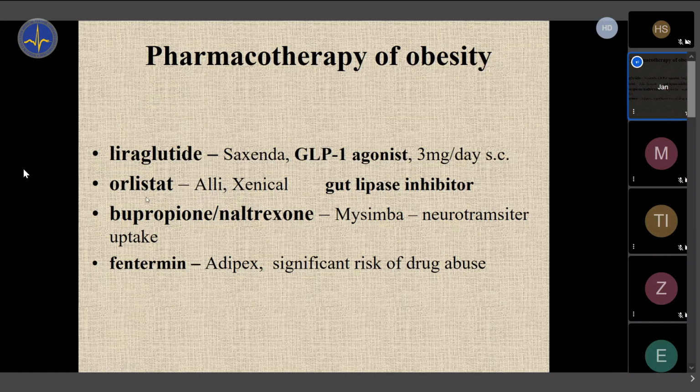It's possible to buy it over-the-counter. Another combination, quite a novel drug, comes as a tablet. Liraglutide is a novel one as an injectable. Bupropion-naltrexone, or Mysimba as a commercial name, is a drug which functions as an inhibitor of hunger.